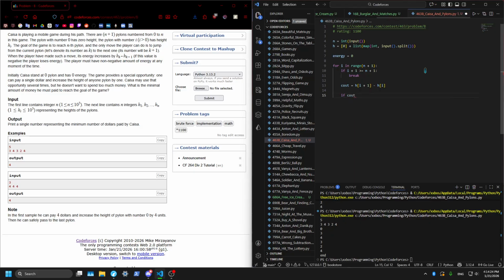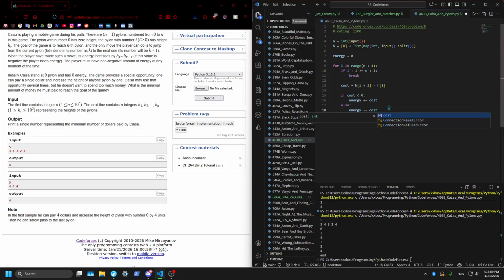If cost is less than 0, then energy plus equals cost. Else energy minus equals cost.